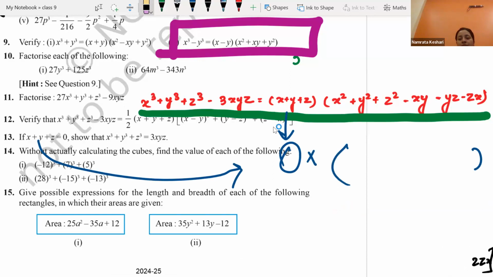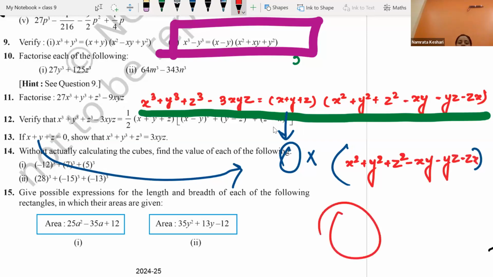Yes, ma'am. Are you getting it, LF? Yes, ma'am. 0 into anything. Anything means this bracket multiplied with 0 will be just 0.